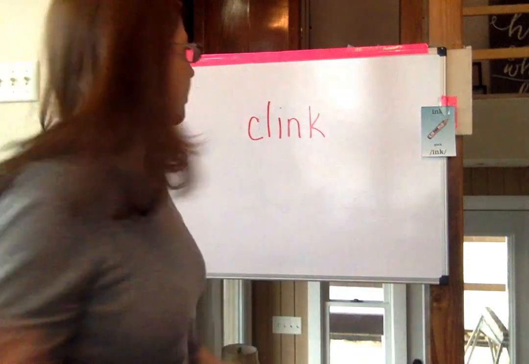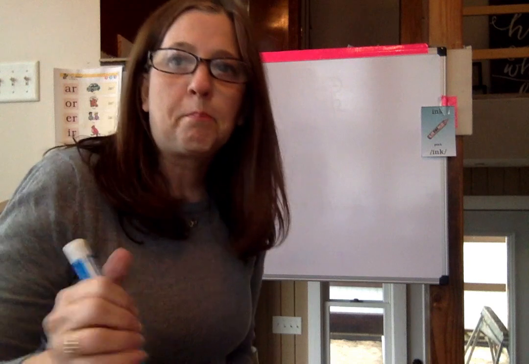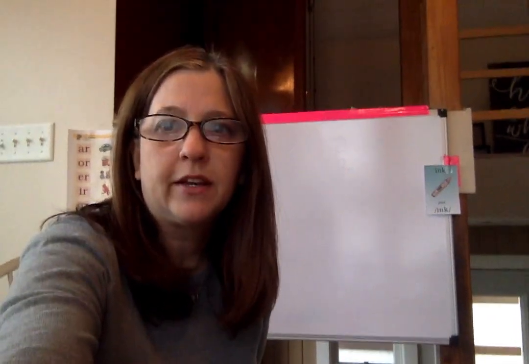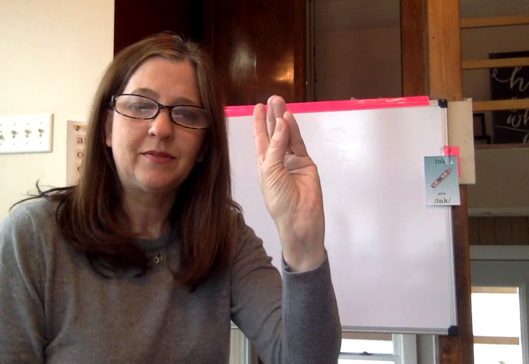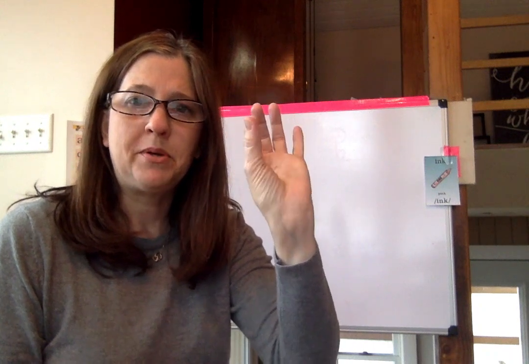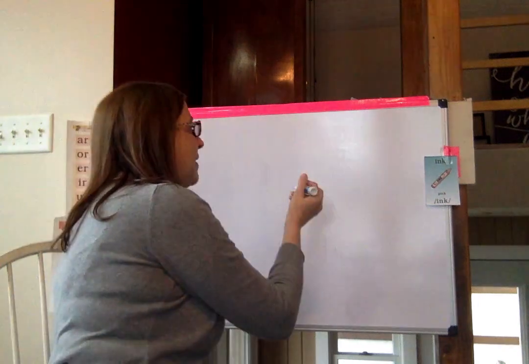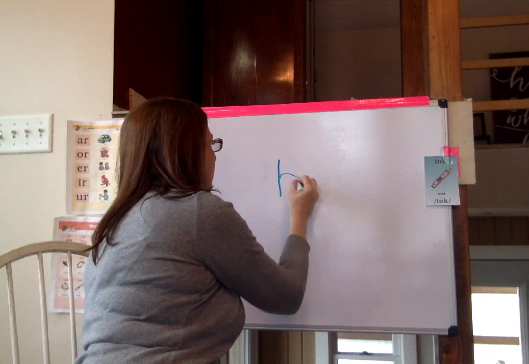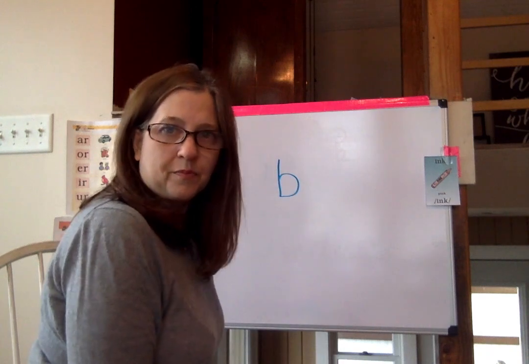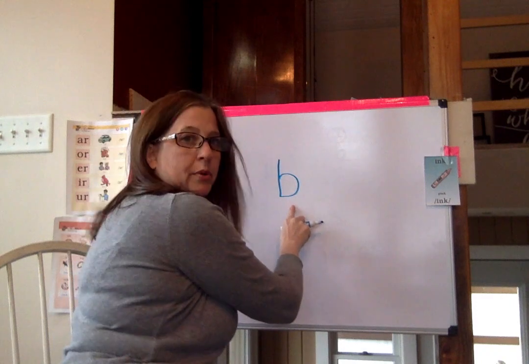Let's do the next word, okay? Let's tap out the word brink. Brink. Ready? Ink. Let's do it again. Ink. Okay, let's tap out. Let's write the first sound. B. Let's tap the second sound.